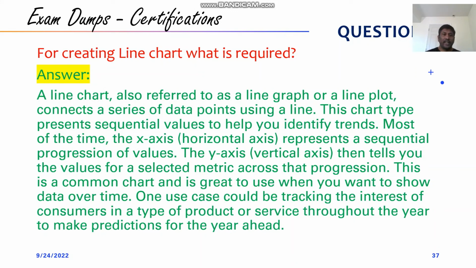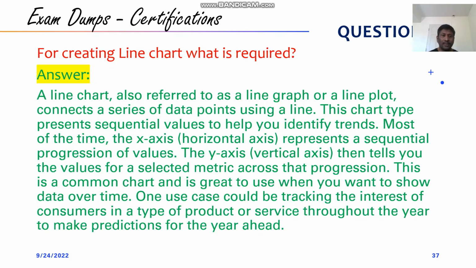For creating a line chart, what is required? Normally line charts show you a large volume of data, for example month on month or year on year, and are used for more comparisons. A line chart is also referred to as a line graph.